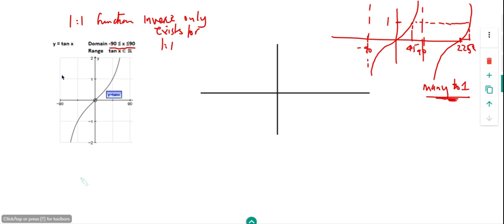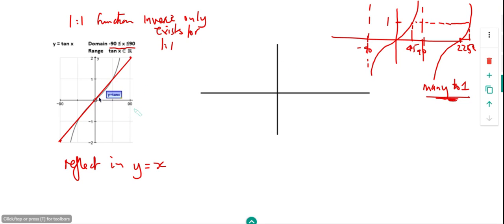So again, what we're going to do is reflect in y equals x. If we do that, we can just take a line like this and reflect in that line. The axes are the first thing that we actually want to reflect.